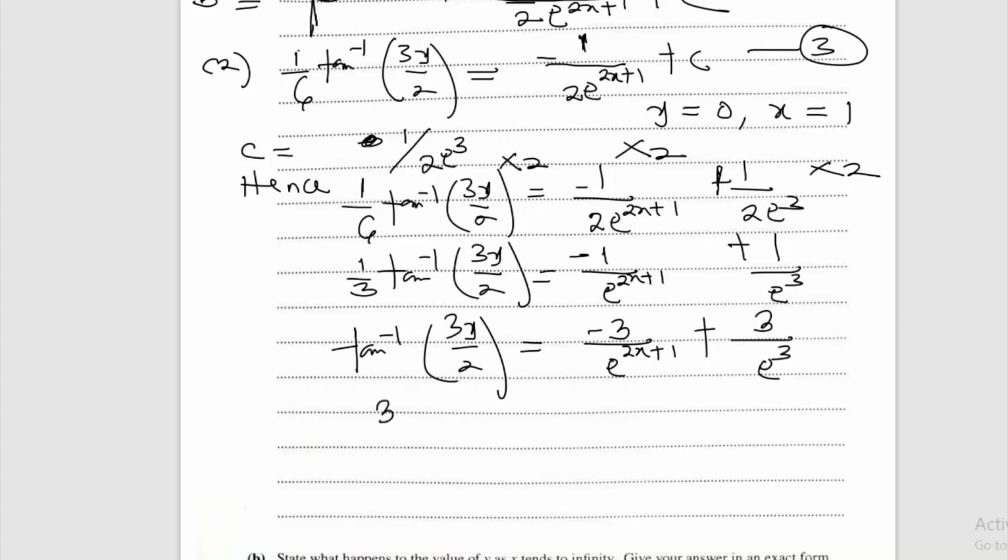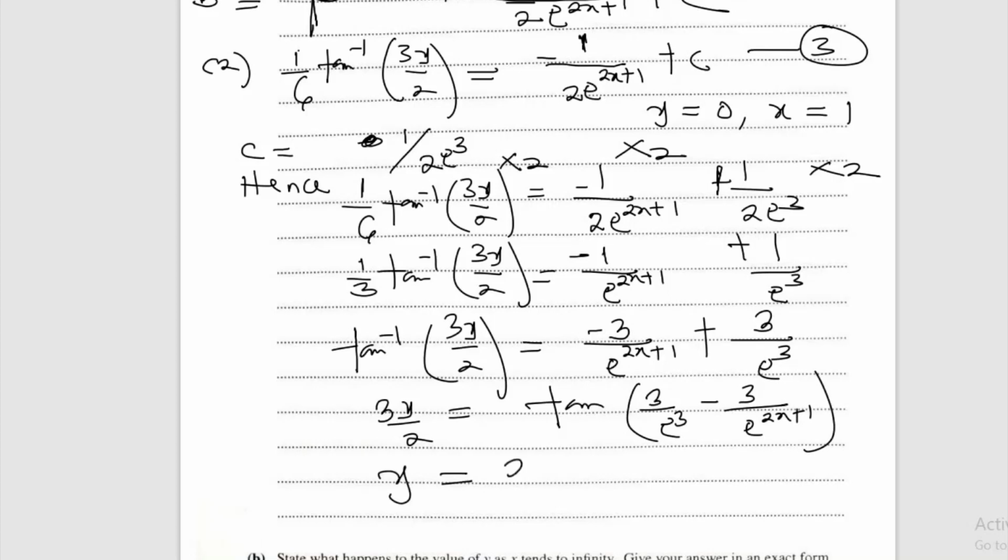Then 3y over 2 will be tan of 3 over e raised to the power 3 minus 3 over e raised to the power 2x plus 1.